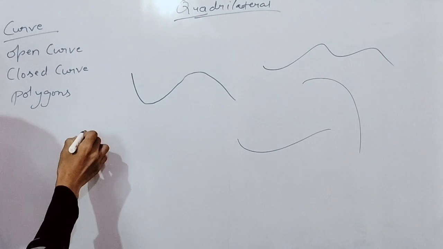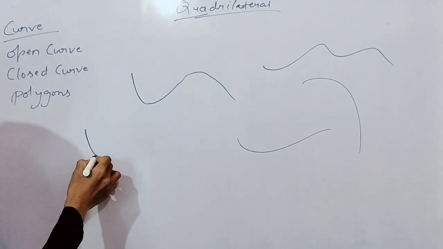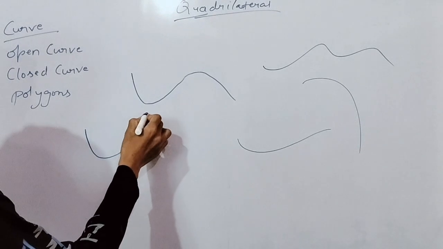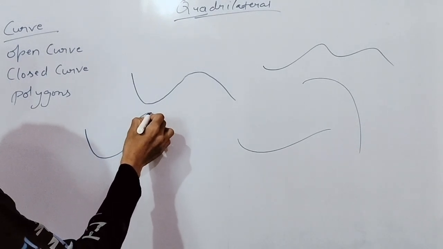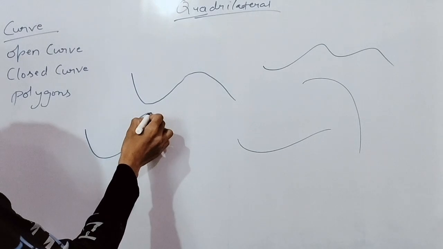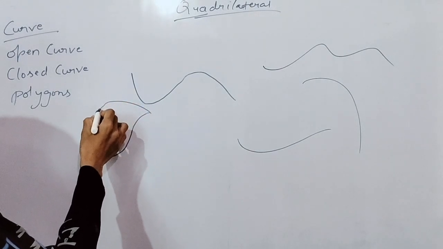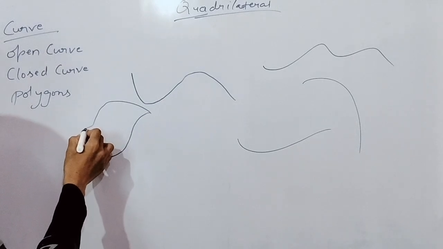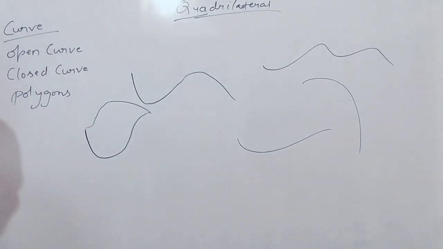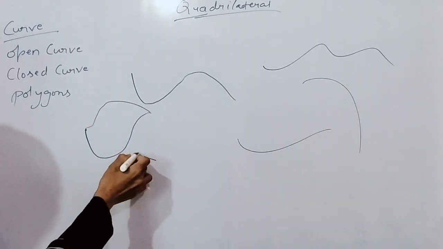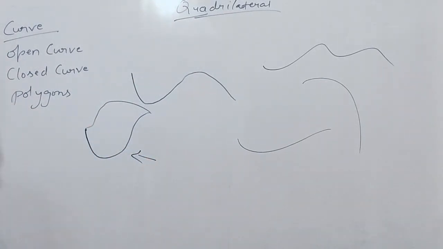Closed curve is what? We will start from one point without lifting, and there can be an intersecting view here. But the last point should come at the initial point. Then this curve will be known as a closed curve.